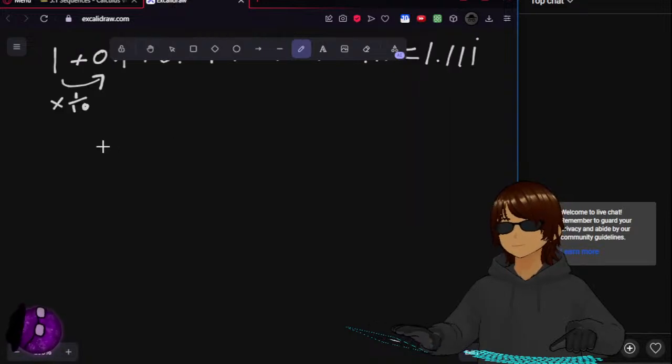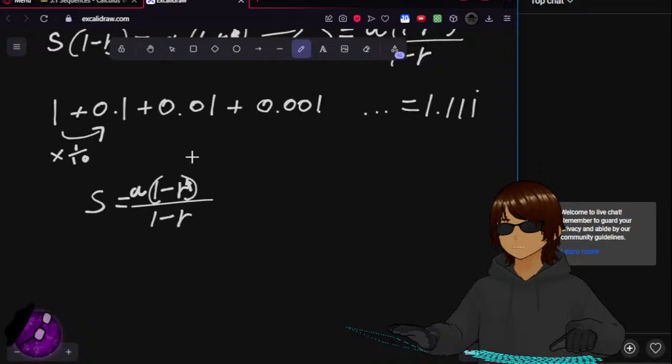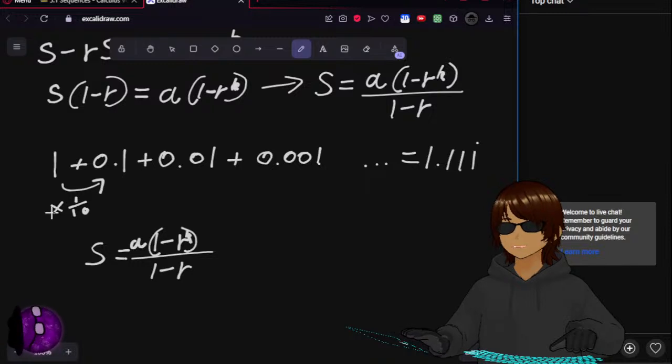Now, if we have s, this is the sum to infinity. If r is more than 1, then every term would be greater than the previous term. So for example, if it's 2, then the sequence would be 1, 2, 4, 8, and so on, and the series would go to infinity.